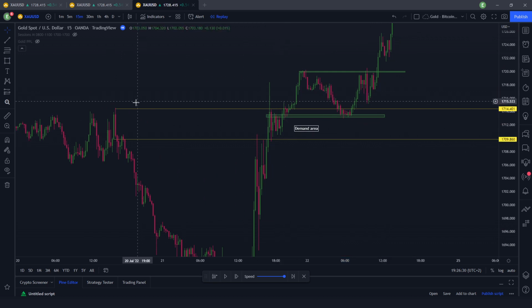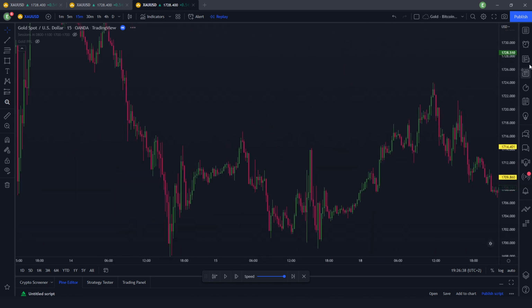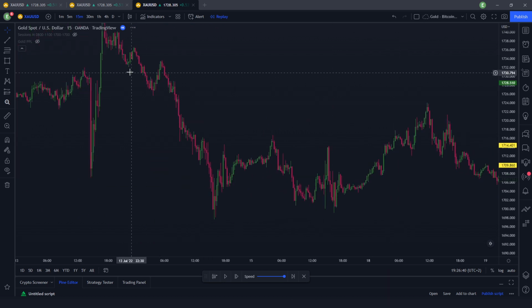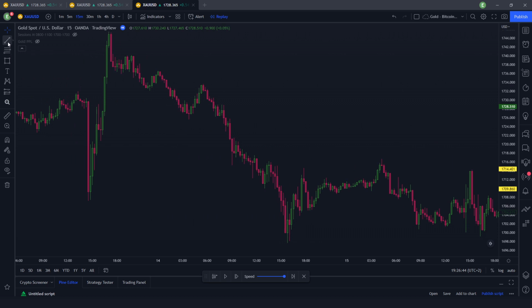I want to see if there's any other price sensitivity area that I should take into consideration. We have these candles over here, which were the last ones before going back down.